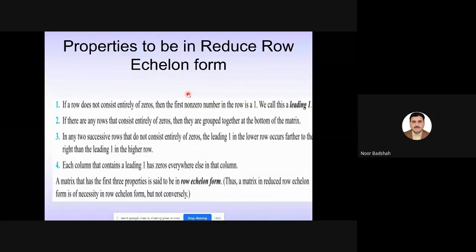And third, the pivot of every row should lie to the right of the pivot of the previous row. And the fourth one is, a column containing a pivot should not contain any other non-zero entry. If a column contains a pivot, there will be no non-zero entry other than that pivot. If a matrix satisfies these 4 conditions, it will be in a reduced echelon form.